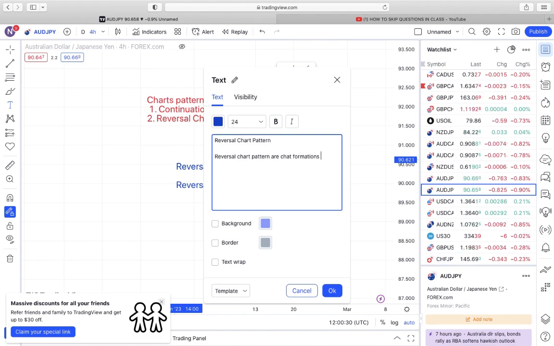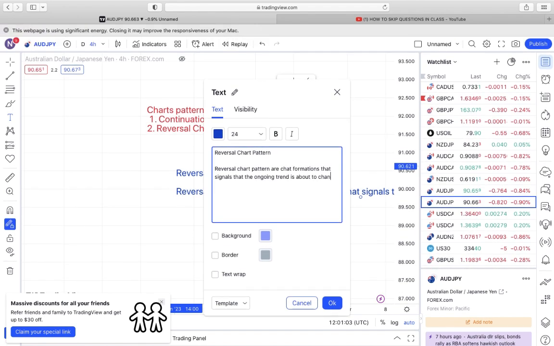that the ongoing trend is about to change the course or the direction.